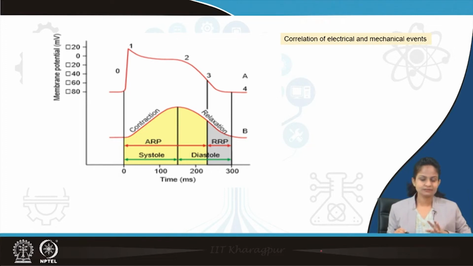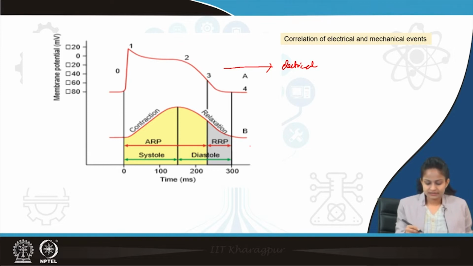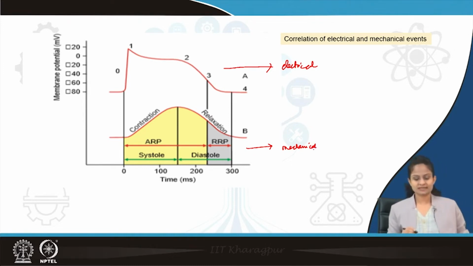The contraction of the muscle will only occur whenever there is an electrical event occurring. So, the electrical event which is occurring, that is the action potential we have seen in ventricular muscle. So, this is the electrical event and this is the mechanical event, that means the contraction of the muscle.